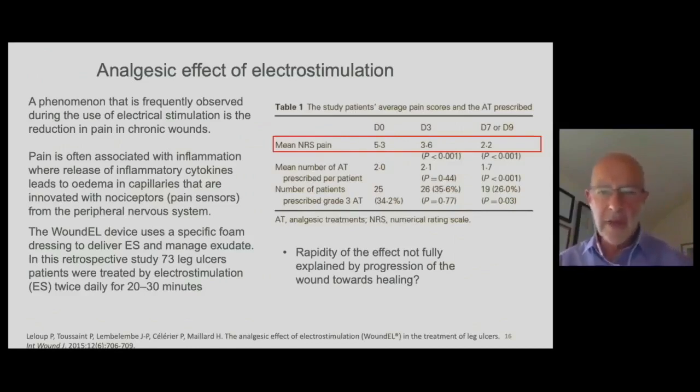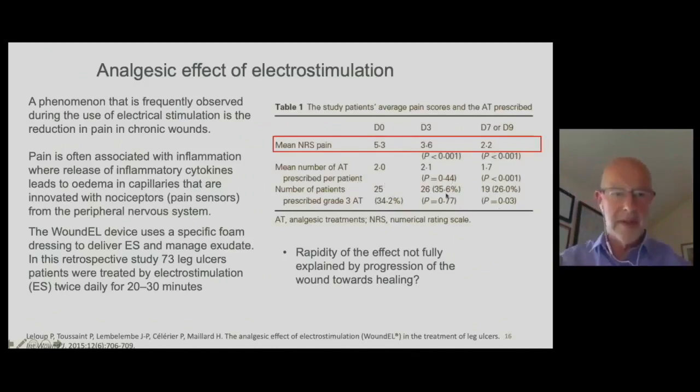If you look in the red box, you can see that those patients were reporting 5.3 as their pain score, 5.3 out of 10 on day 0 when the study started. And at day 3 and day 7, it was down to 2.2. And also there were signs that the number of analgesics that the patients were taking were beginning to reduce.